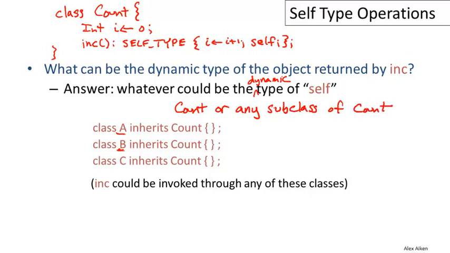So it's going to return something that's at most Count, but the dynamic type could be something more specific. It could be a subclass of Count or a subclass of a subclass of Count. Anything that inherits directly or indirectly from Count is a possibility.